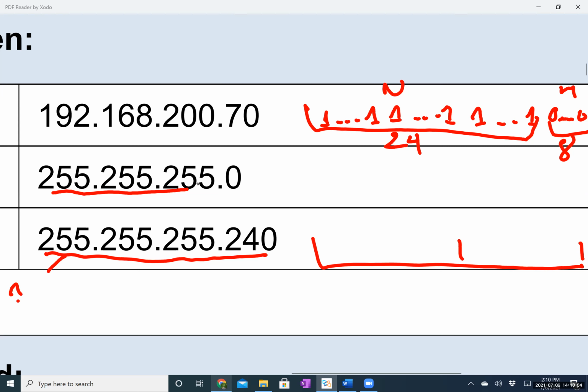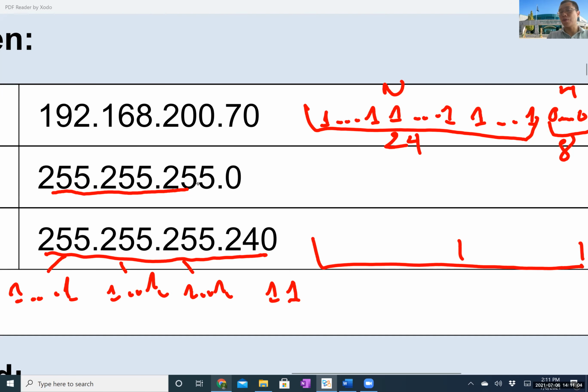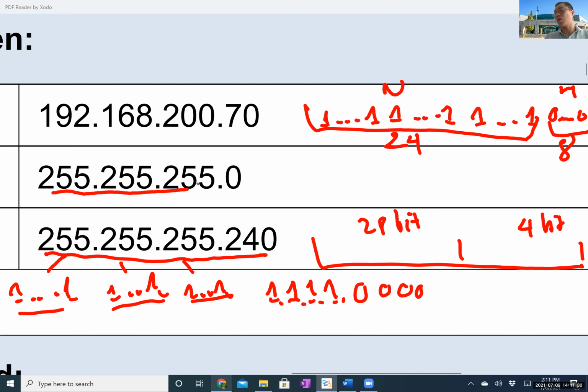So we see again 255, 255, 255 here, that is 24. Then 240, you convert it: this one 128, this one 64, you add them up together, you have 192, and this one you have 224, and this one you have 240, and of course you have 4 more 0 bits here. So we count 24, 25, 26, 27, 28 here. So for this one you have 28 bits in the network portion, and you have 4 bits in the host portion here.